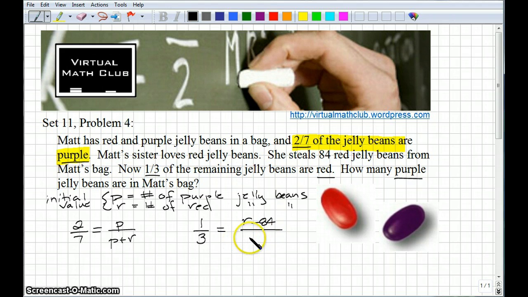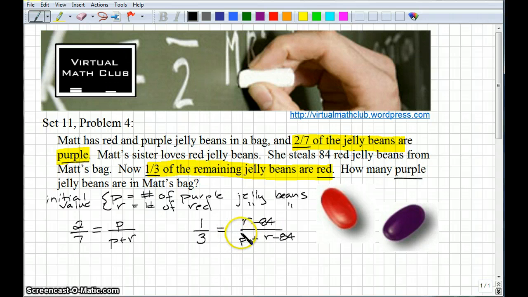After she steals 84, we still have P purple jelly beans, but now the number of red jelly beans is R minus 84. So we've taken the second statement and converted it into an equation.